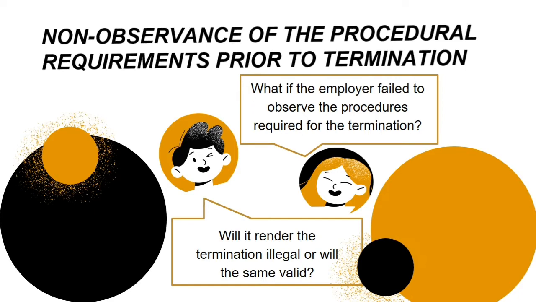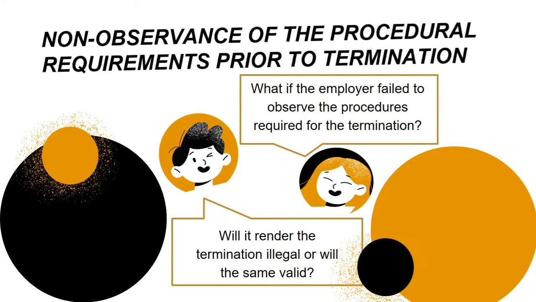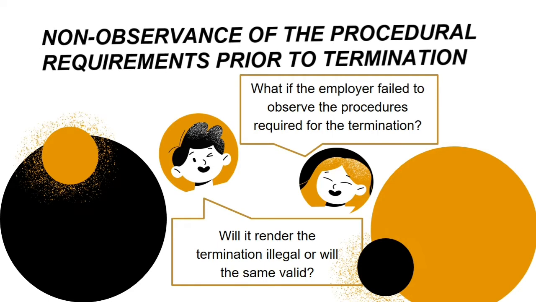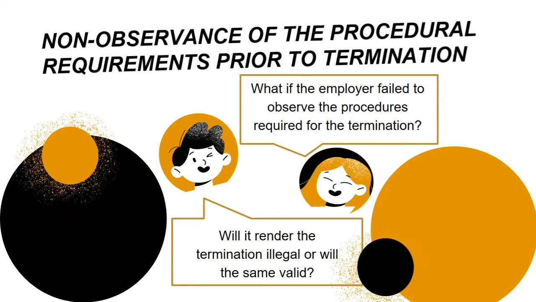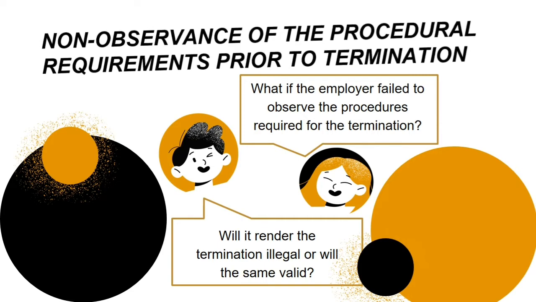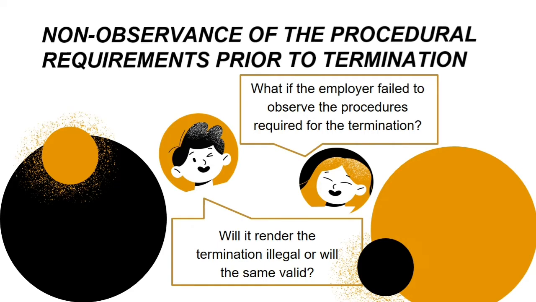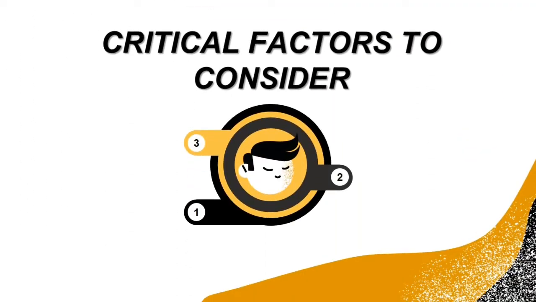So in answer to that, class, be reminded of Article 282 of the Labor Code that provides that an employer can terminate an employee for just causes, which could be any of the following: commission of a crime or offense by the employee against the person of his employer or any immediate member of his family or his duly authorized representatives.